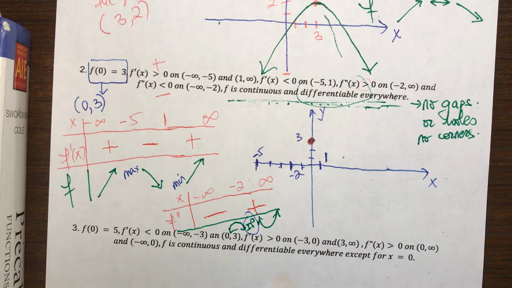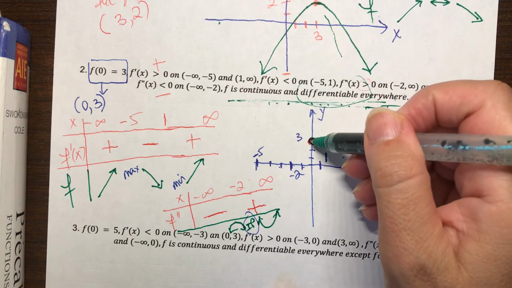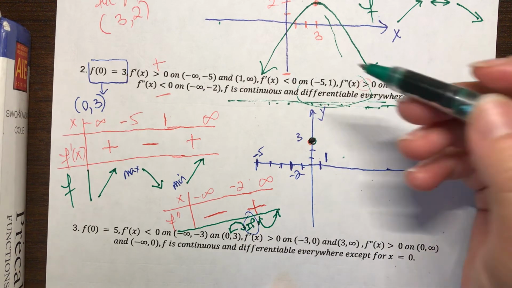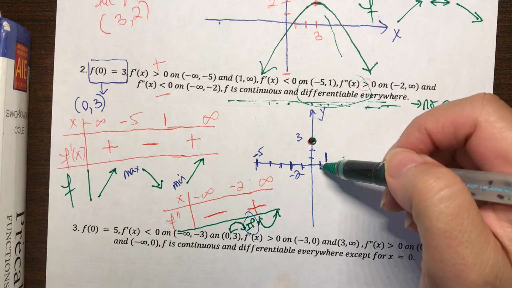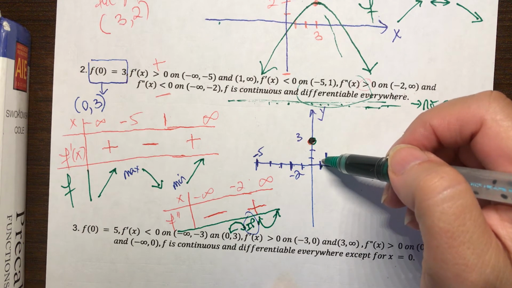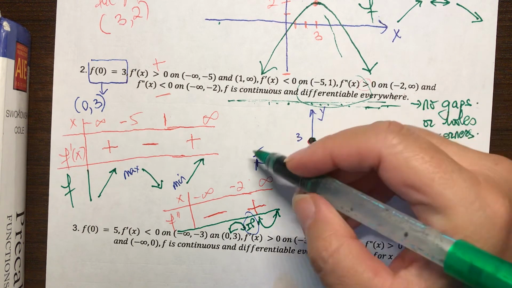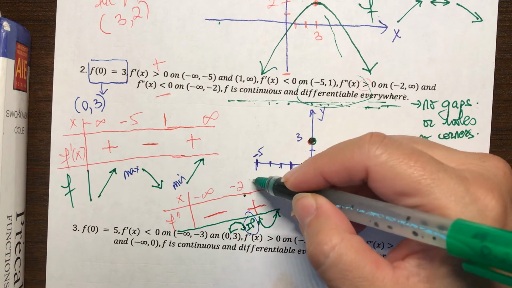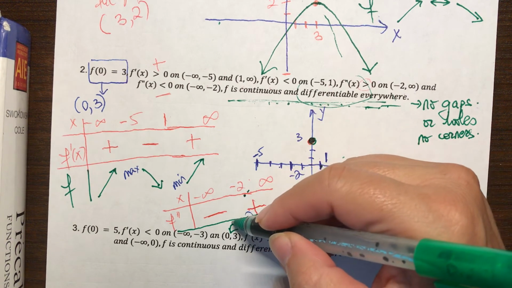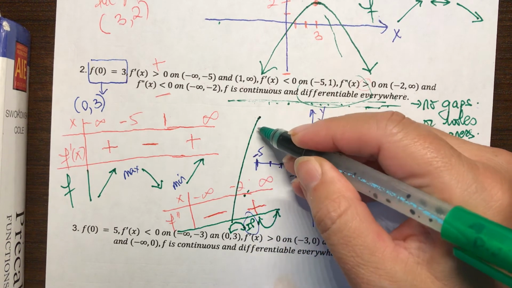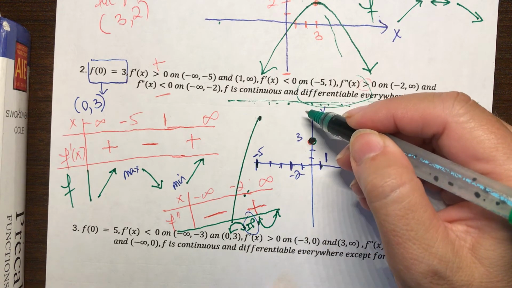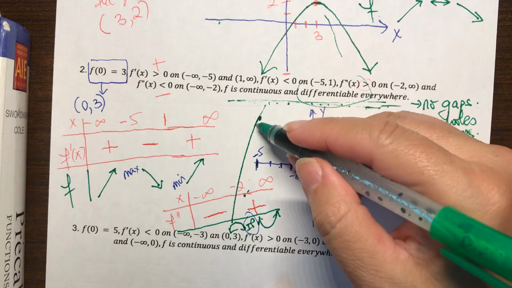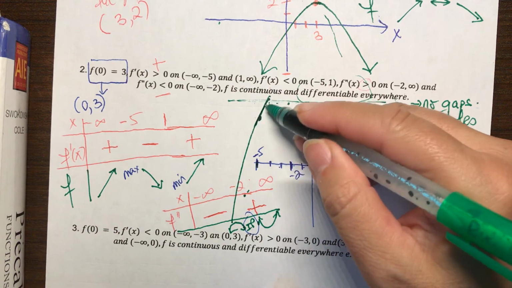Okay, so let me draw this. And remember, this is a point I'm going to have to go through, okay? So this is going to be a min at 1. All right, so the graph is going to go up, right, until it reaches negative 5. Then I might want to make it go up more.